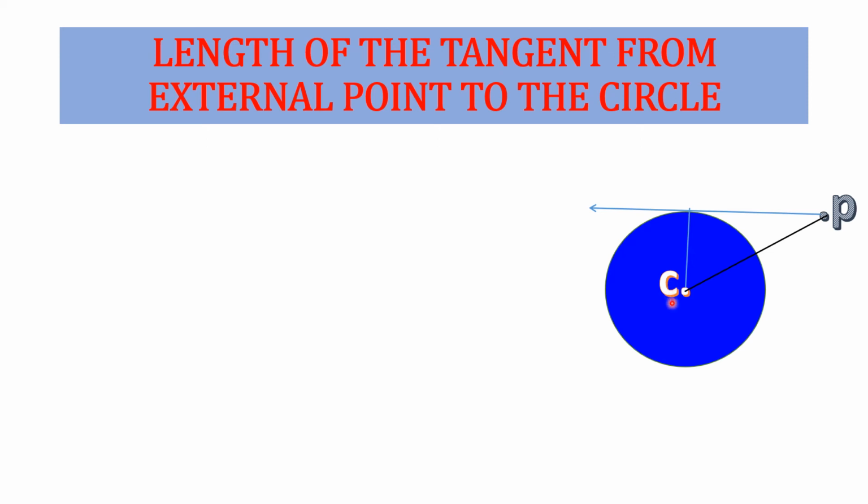Now here this is the radius of the circle. Here Q is the point of contact, the common point to tangent and circle. So this common point is called point of contact.